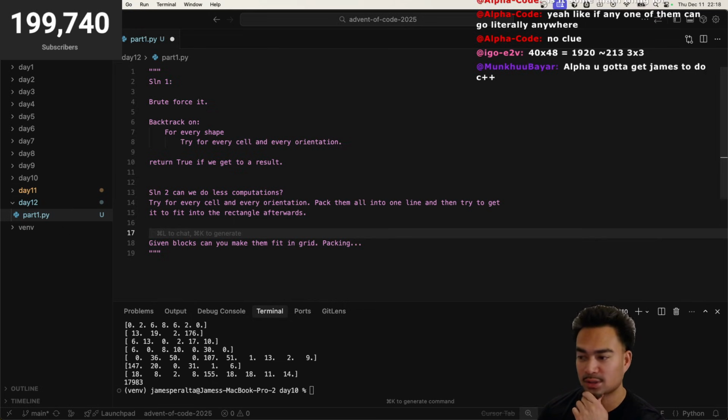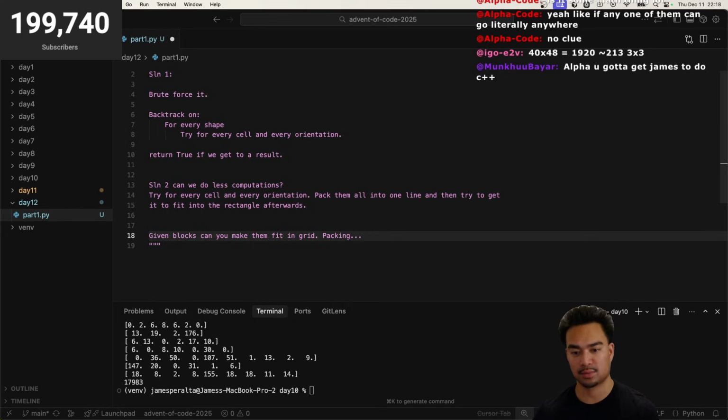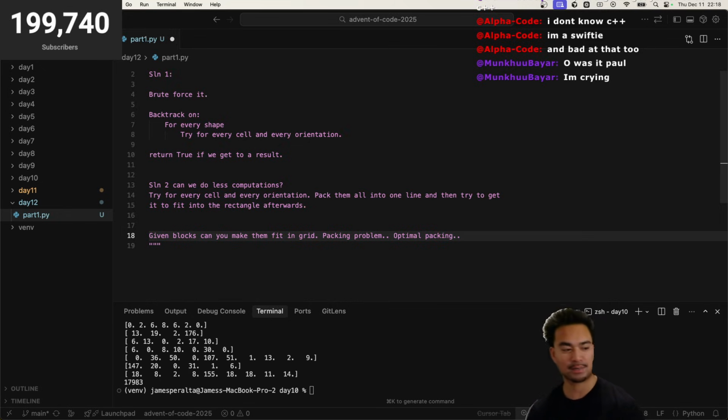Dude, I'll learn C plus plus next year probably. Given blocks, can you make them fit in a grid? It's like a packing problem. Optimal packing, pause.